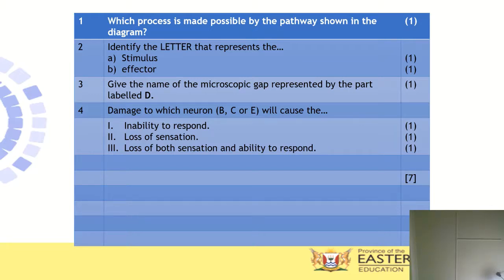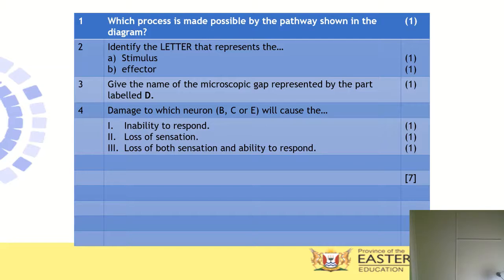Question number 1 says, which process is made possible by the pathway shown in the diagram? Remember, according to the examination guidelines, you have to know the difference between reflex action and the reflex arc. So reflex action is the process.